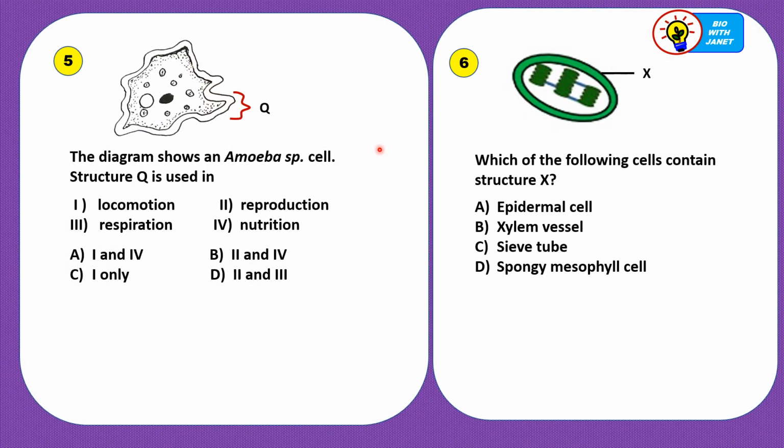Question 5. The diagram shows an amoeba species cell. Structure Q is used in 1. Locomotion, 2. Reproduction, 3. Respiration, 4. Nutrition. So pick the right combination of choices.